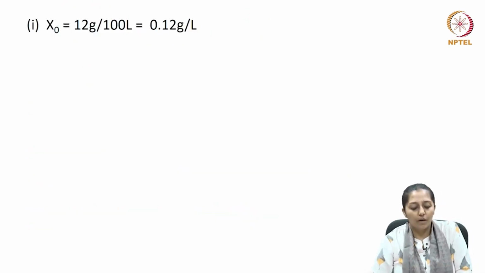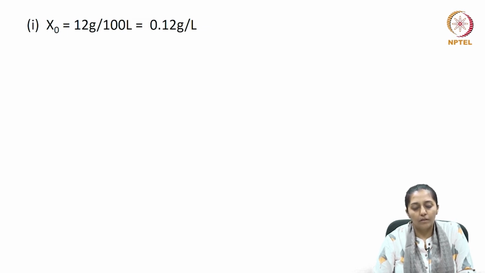Let us see the solution now for the first problem which we discussed. X naught we can calculate given the volume and the mass of cells which are added in the reactor. So, the concentration at time t equals 0, when the cells start getting into the exponential phase, can be assumed as 0.12 grams per liter.